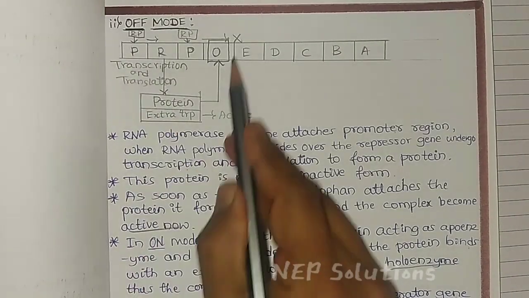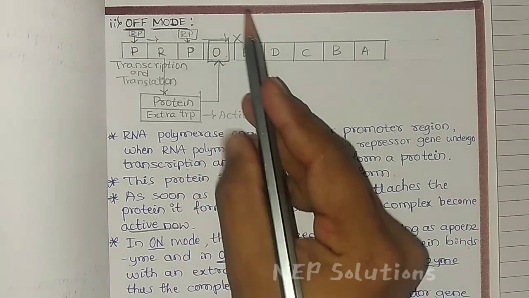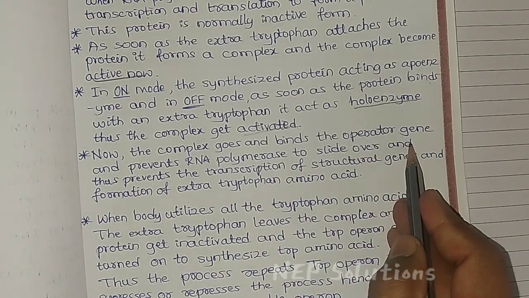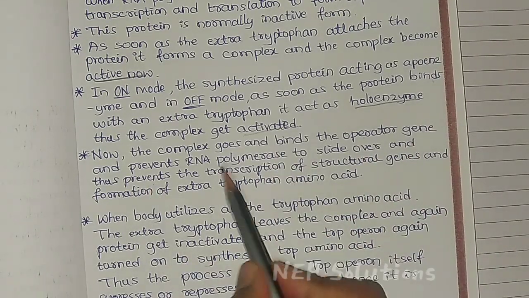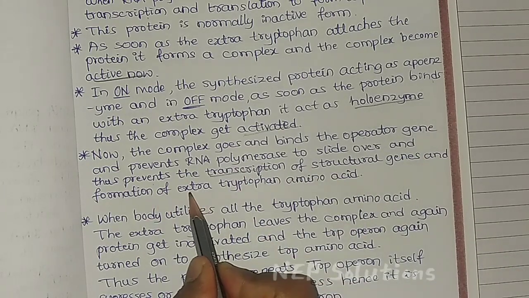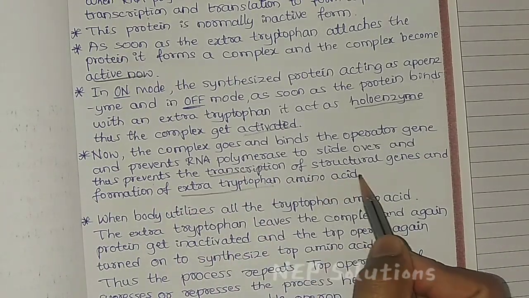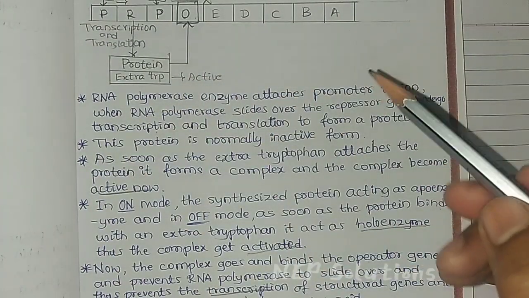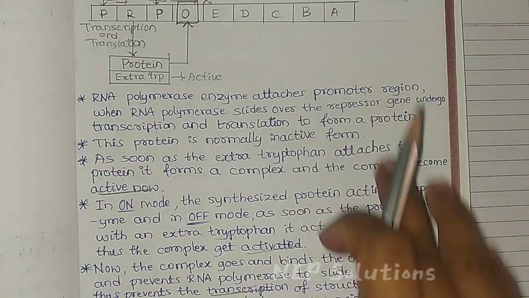Now this complex goes and binds to the operator gene and prevents the RNA polymerase from sliding over, and thus prevents the transcription of structural genes and formation of extra tryptophan amino acid. It will prevent the transcription and further processes also.